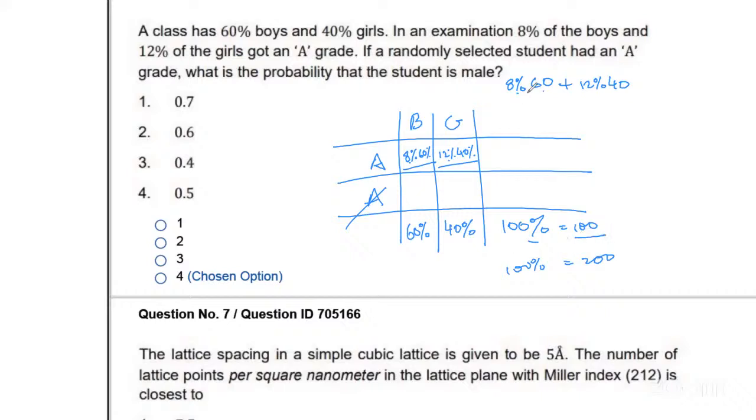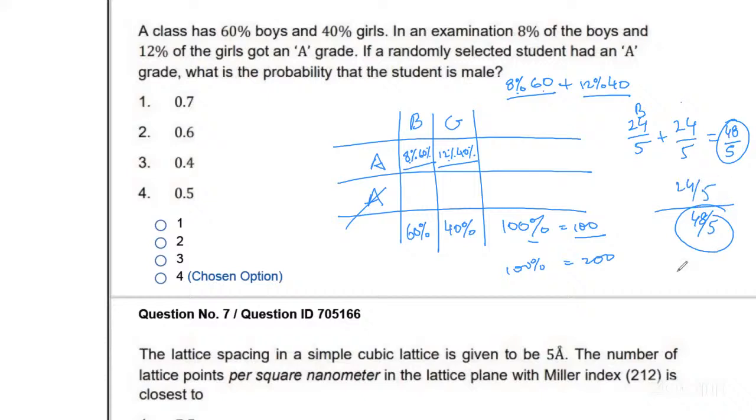So 8% of 60% of 100 is 8% of 60, which came out to be 24 by 5. 12% of 40 also came out to be 24 by 5. So 48 over 5 is my total. And out of that 48 over 5, how many are males? That's what they're asking. So 24 over 5, and therefore the answer becomes 24 over 48, which is half.